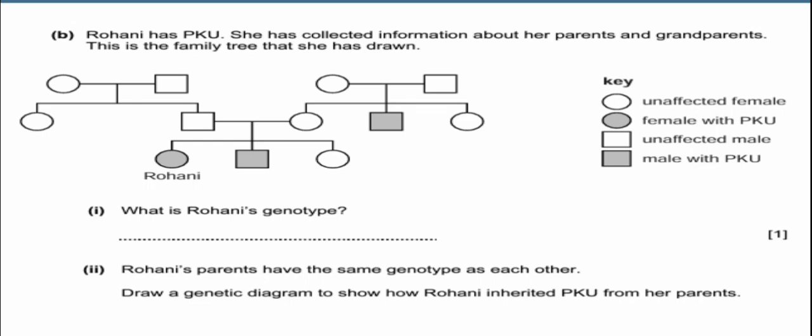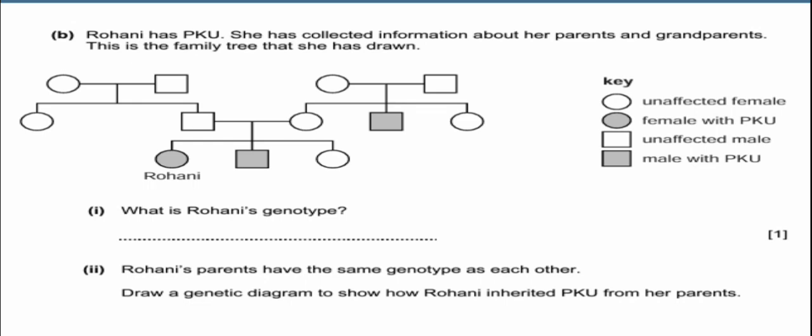Then the circle which is shaded is indicating that the female is affected with PKU. Then the square which is not shaded is indicating that the male is not affected by PKU. Then the square which is shaded is indicating that the male is affected with PKU.